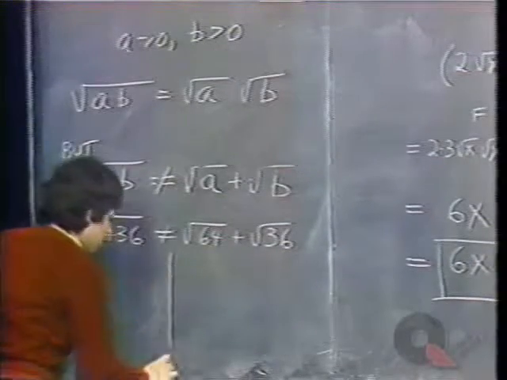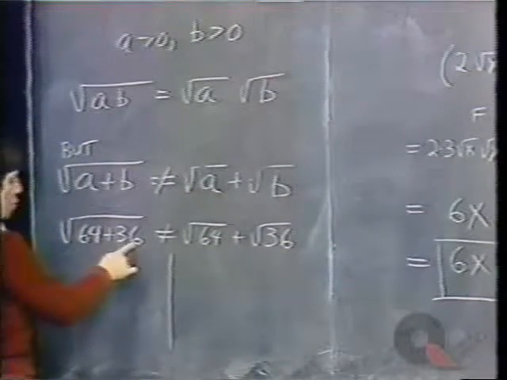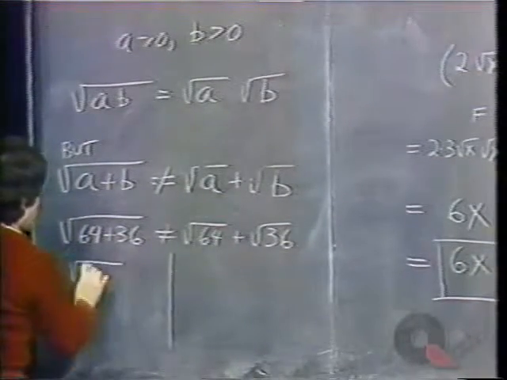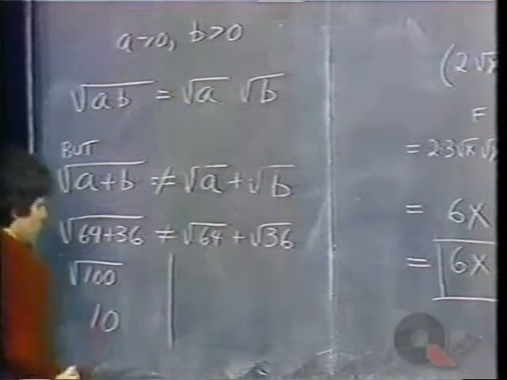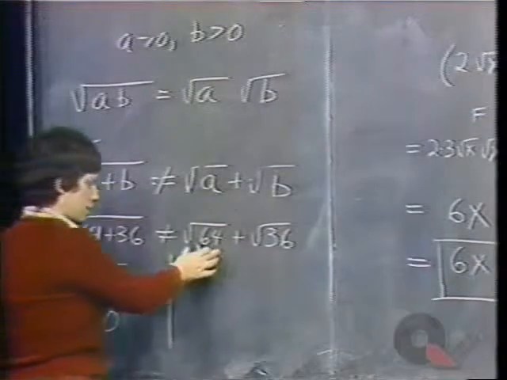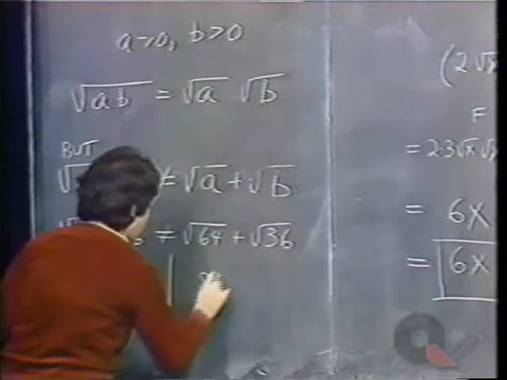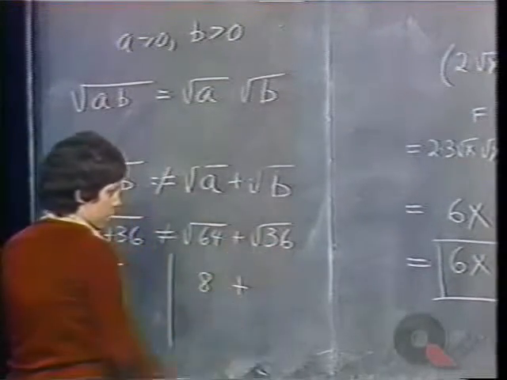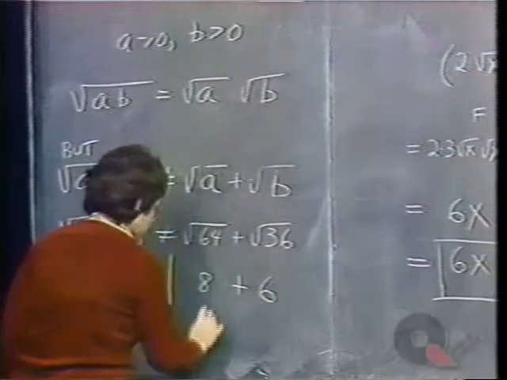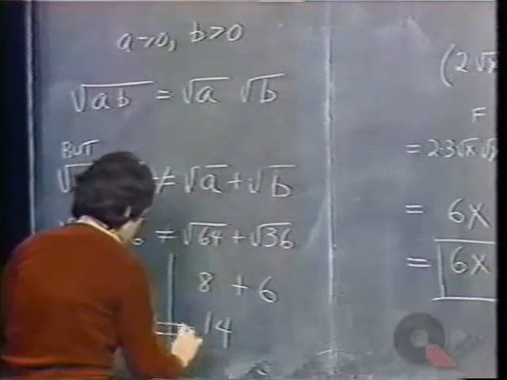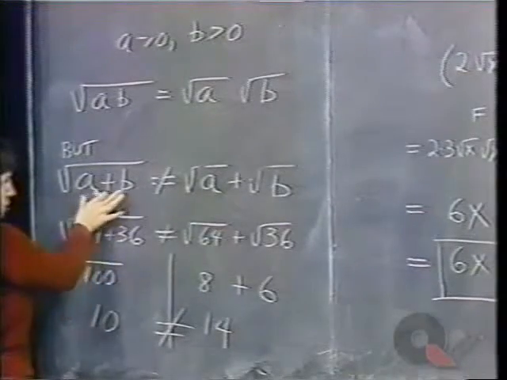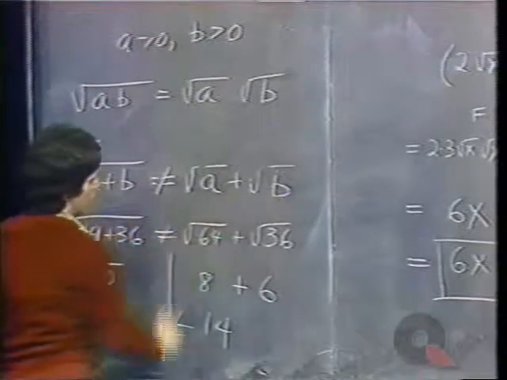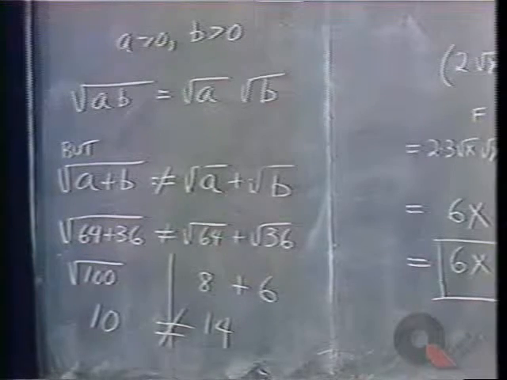Just to show this to you, the square root of 64 plus 36, of course, is the square root of 100. The positive square root of 100 is 10, whereas the square root of 64 by itself gives you 8. The positive square root of 36 is 6, and 8 plus 6, of course, is 14. These are not equal to each other. Okay? The square root of a sum is not equal to the sum of the square roots of the individual terms.